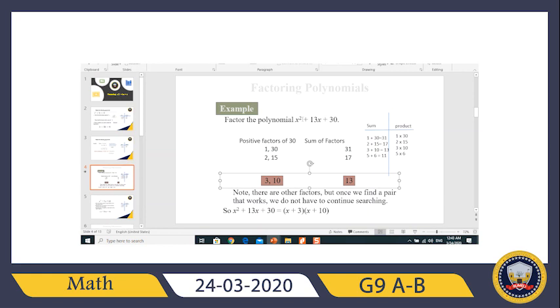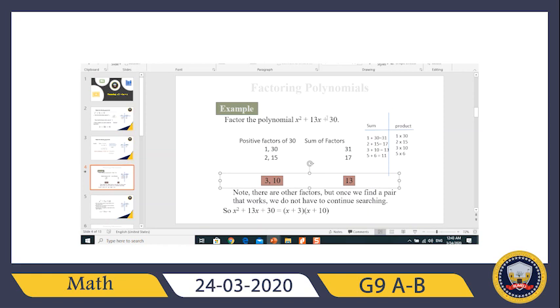So when I have such a problem, immediately I open two brackets, and I write the first term in each bracket, x and x, one x here and one x in the other bracket. Then I skip the second term and go for the third term.